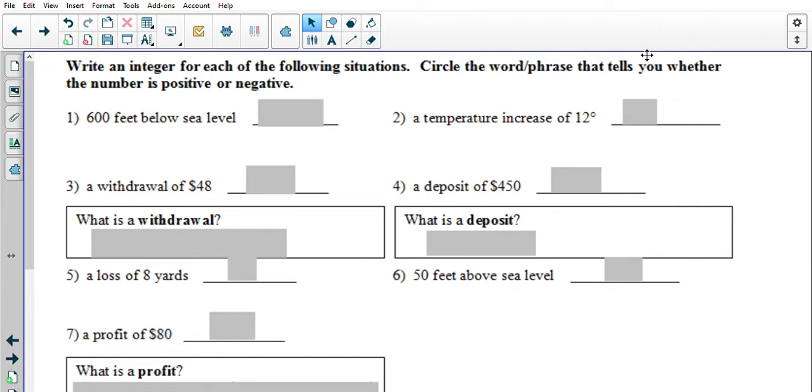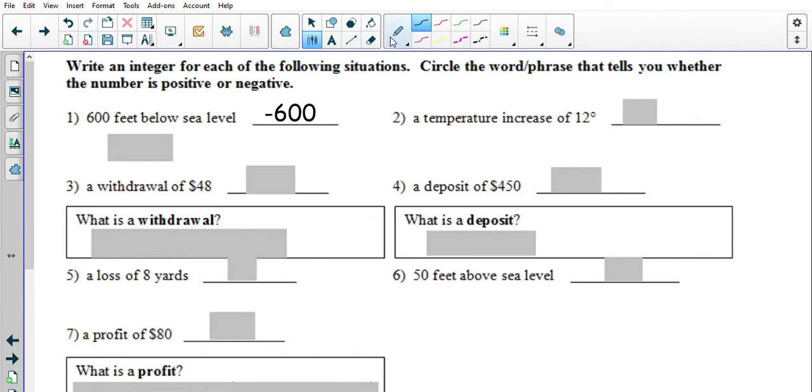So number one, if we have 600 feet below sea level, that's definitely going to be -600. You don't need a label on that, but it's going to represent a negative integer. The word that tells us this is a negative number or a negative integer is the word below, since we're below sea level. And that's just one example where we would see negative integers in real life.